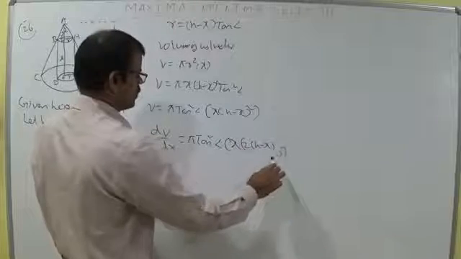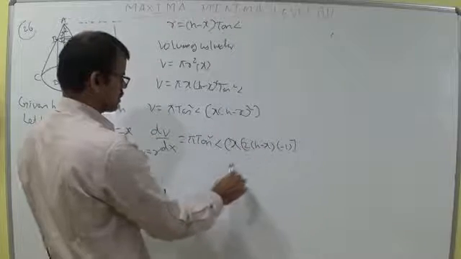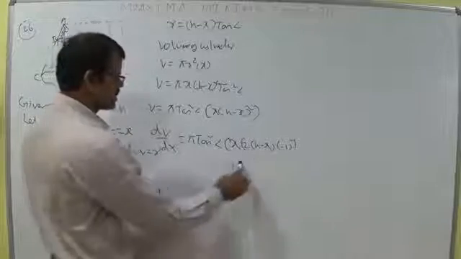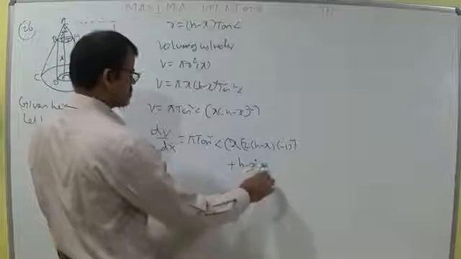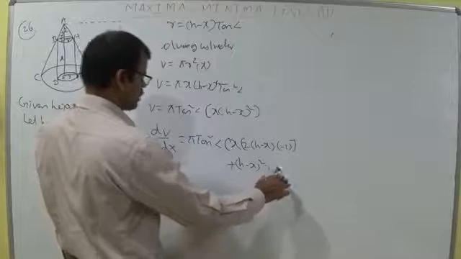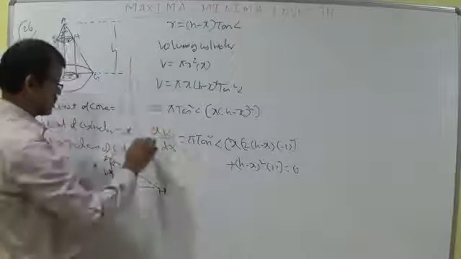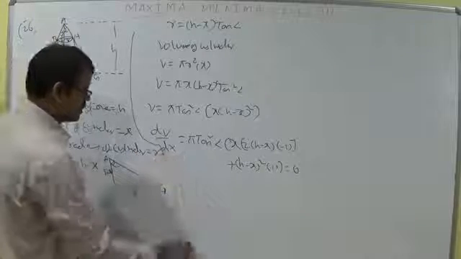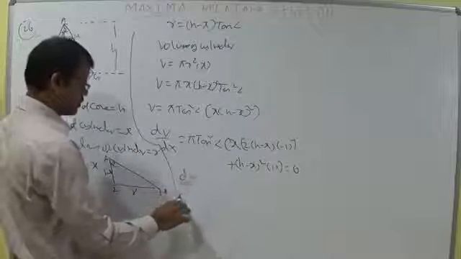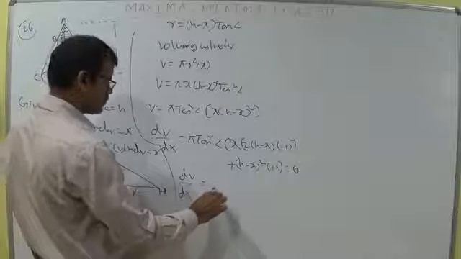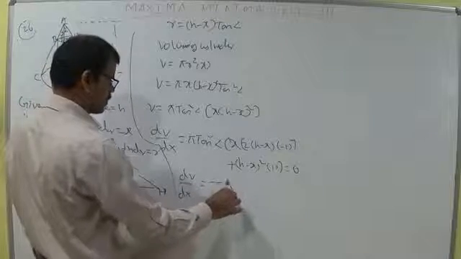Taking pi tan square alpha to the other side, this one is taken that side. So h is equal to x, you should not write, because the height of the cylinder and the height of the cone should not be equal. Now you can write h from 1.